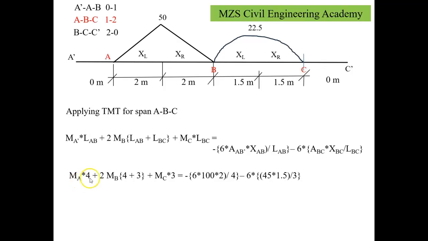If I substitute the values here, it is 4 times MA plus 2MB into (4 plus 3), where 4 is the span A to B and 3 is the span B to C, plus 3 times MC, equals minus 6 into 100 into 2 divided by 4, meaning the area under the curve multiplied by the centroid, multiplied by 6 divided by 4, minus 6 into the area under the second curve multiplied by its centroid 1.5 divided by 3, the centroid with reference to C here. So we get the relation 4MA plus 14MB plus 3MC equals minus 367.5. This is our equation number 2.